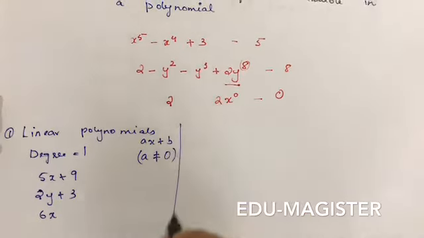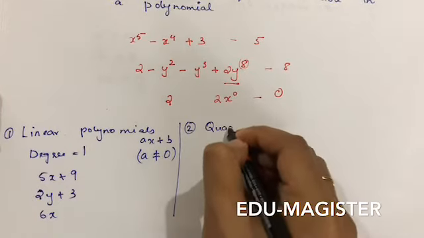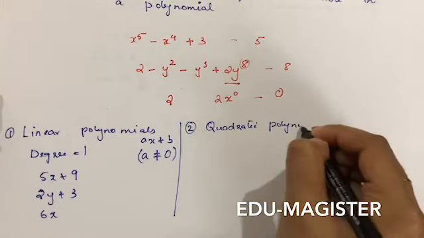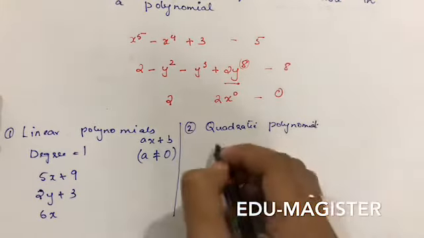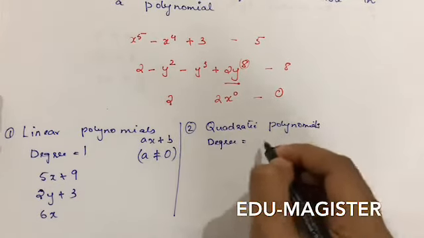Alright, the second type is quadratic polynomials. Means polynomials with degree 2.